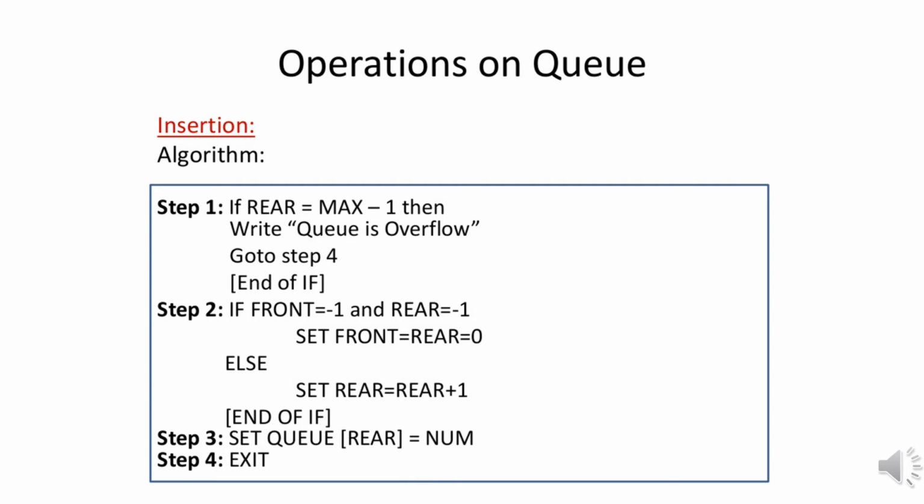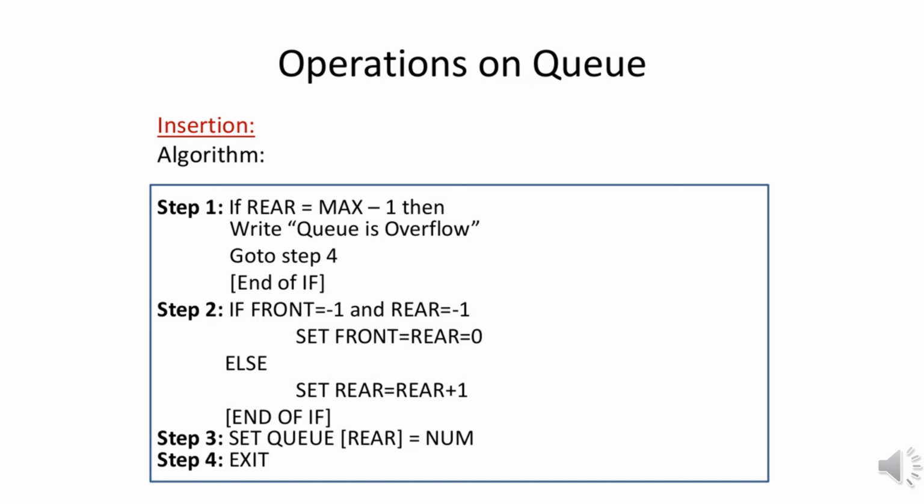See here, initially the front and rear of the Q is minus 1, and max minus 1 means it is the array representation. That's why the total number of elements is max minus 1, that is, maximum size minus 1. If the array size is 100, then the array index starts from zero.